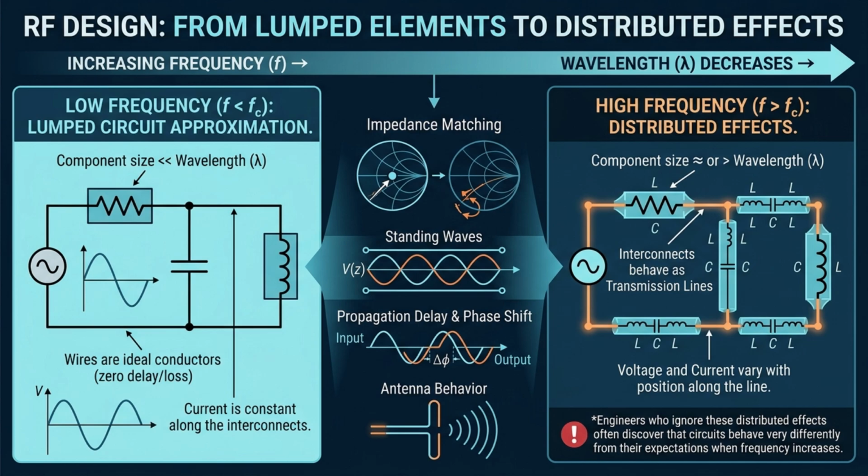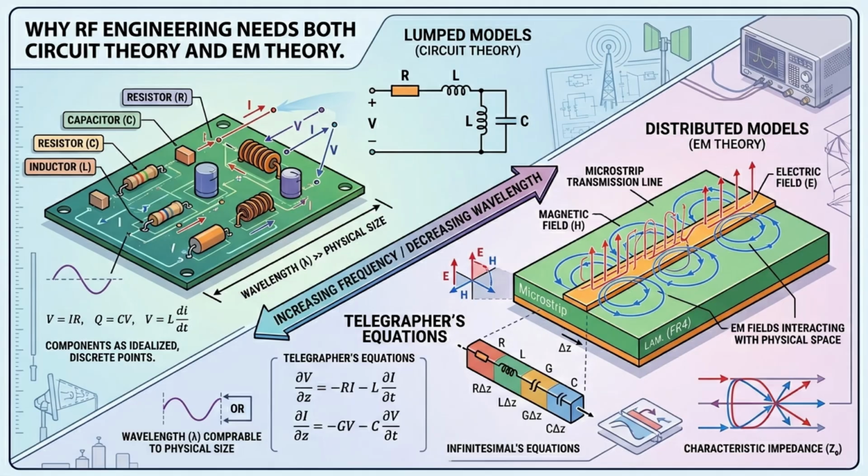Engineers who ignore these effects often discover that circuits behave very differently from their expectations when frequency increases. This is why RF engineering requires both circuit theory and electromagnetic theory. Lumped models provide the foundation, while distributed models explain what happens when signals begin interacting with physical space itself.